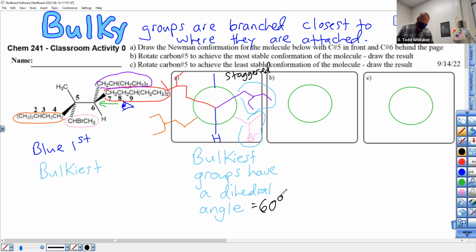In the least stable conformation, which would be the last one, you get the bulkiest groups on top of each other. Dihedral angle, DA, dihedral angle, equals 0 degrees.